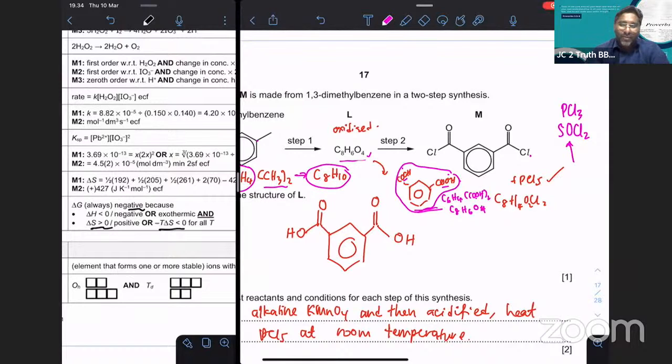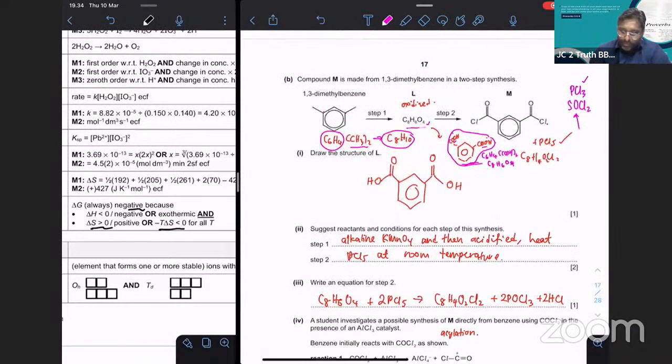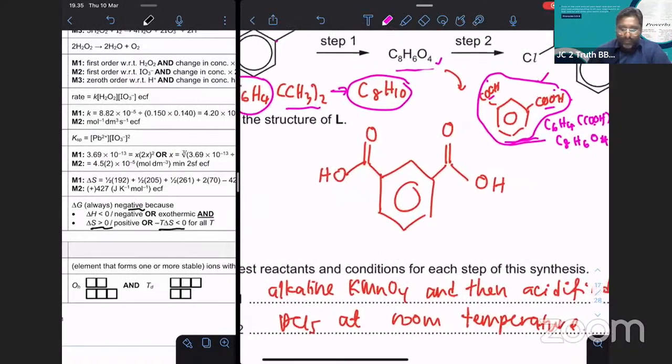It's still okay; PCl3 or PCl5, up to you which one. But the popular ones, in the marking key, they always put PCl3 and PCl5. Now, here they ask you to draw the structure L. I already know it's going to be a carboxylic acid over there, but since they give it in skeletal formula form, they didn't specify, so I try to draw them in skeletal formula.